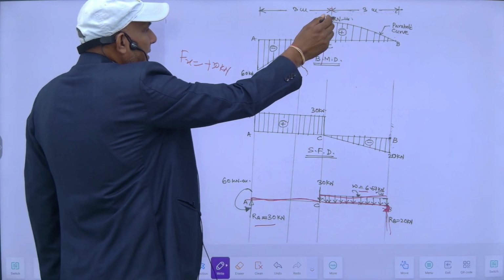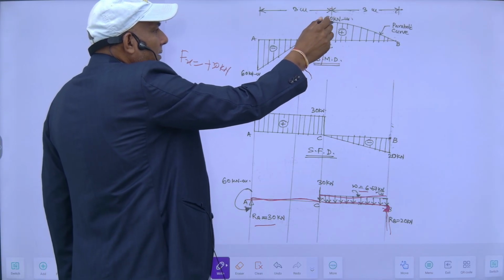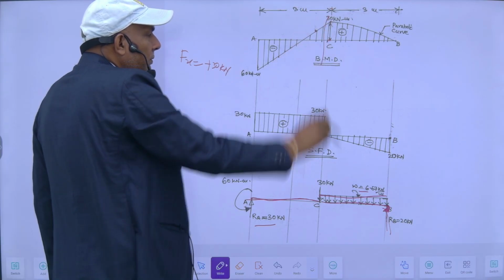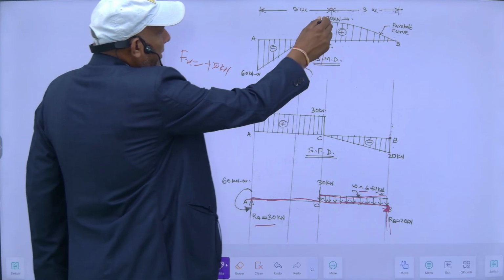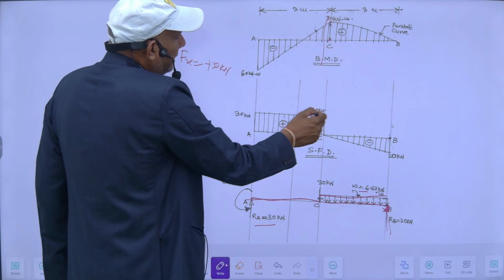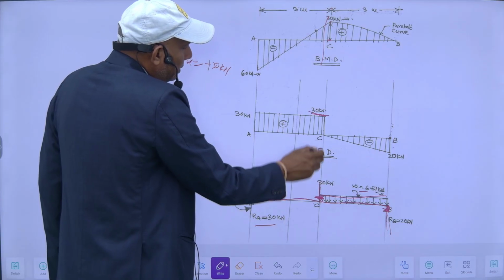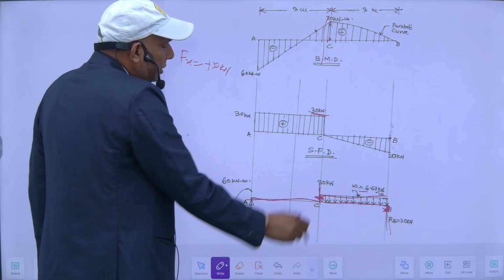So my bending moment is maximum here, means my shear force will either change its sign or otherwise it is 0. If I put my shear force here as 0, it can be 0 only when there is a vertical download of 30 kilonewton here.